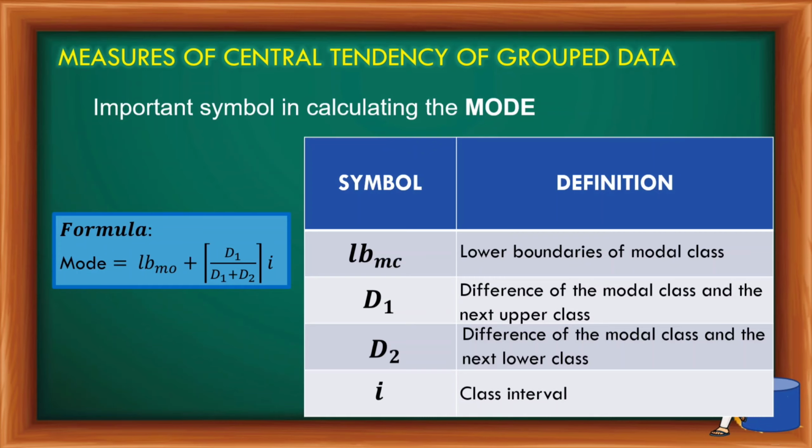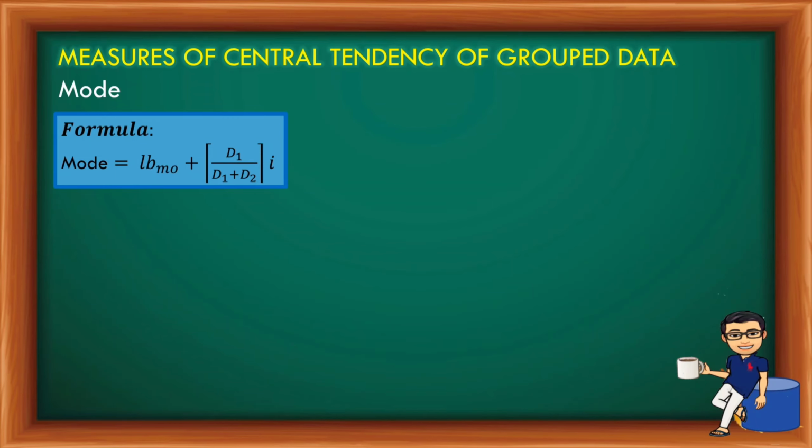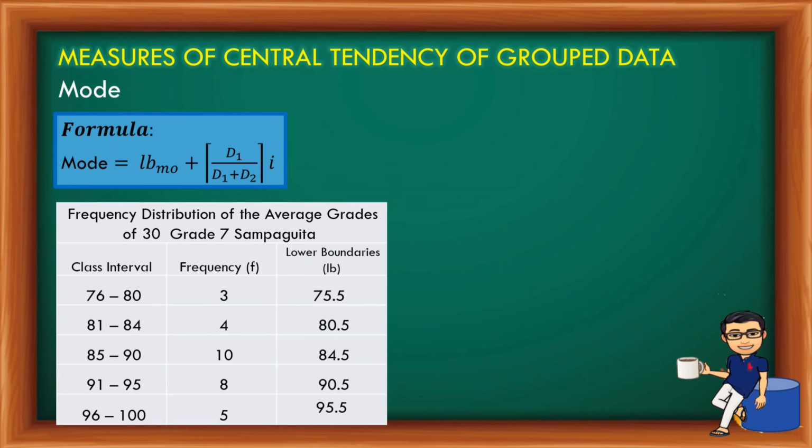So, gamit ang same frequency distribution, alamin natin naman ang mode. Working with this example, kung mapapansin nyo, ito na rin yung kanina. Ito pa rin yung class interval, ito pa rin yung frequency, tapos yung lower boundaries natin, ito pa rin yun. But this time around, ang kailangan nating malaman ay ang modal class.